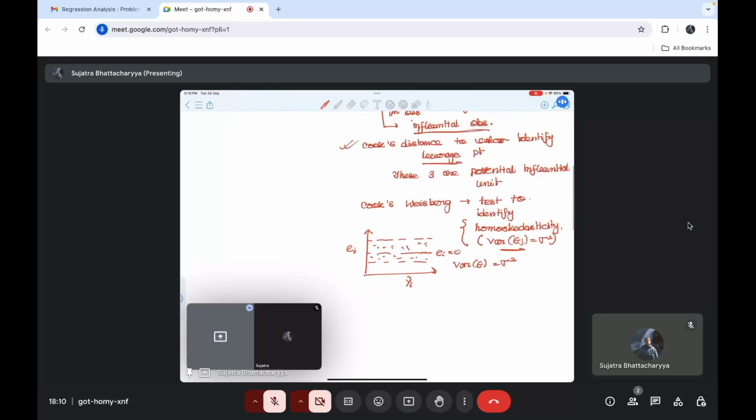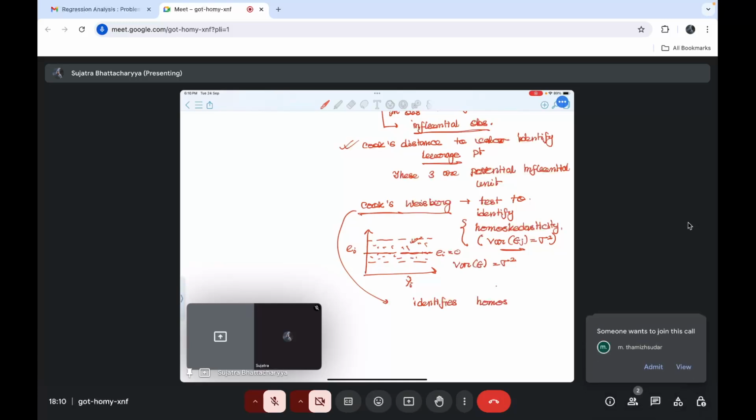So this Cook-Weisberg test is a test for homoscedasticity or heteroscedasticity. Heteroscedasticity means it will not follow this kind of a thing. It will be scattered more and more from the center line, that is e_i equal to 0. So it identifies the homoscedasticity.